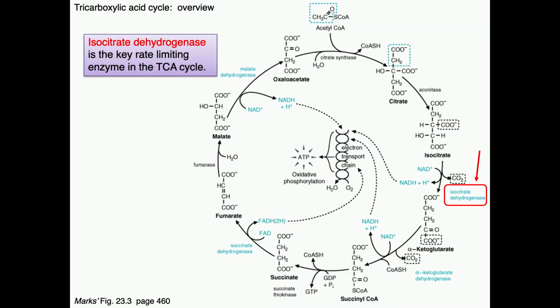Okay, so in that fuel oxidation function, the key regulatory step is isocitrate dehydrogenase. This enzyme is allosterically activated by ADP, activated by citrates, and we'll talk about the details of that. But essentially, the activity of isocitrate dehydrogenase will determine the activity of the entire cycle.